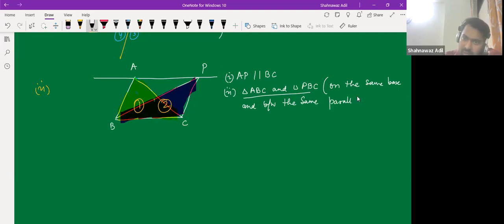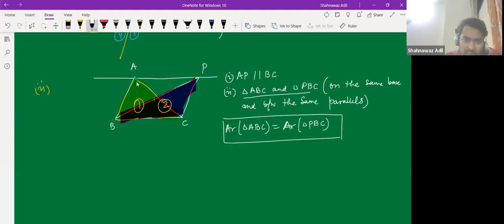Then there is this theorem which you have done in your ninth standard, and it says that the area of triangle ABC would be equal to the area of triangle PBC.